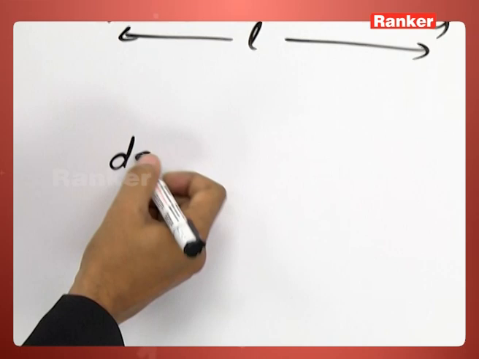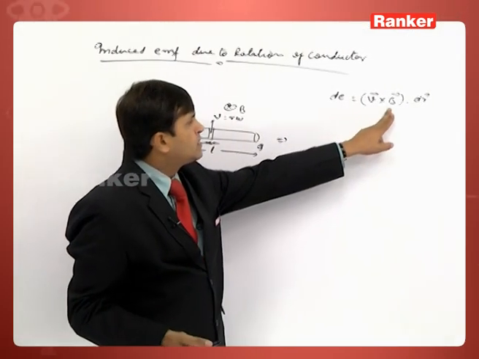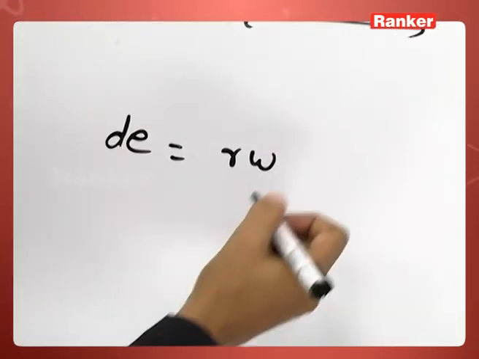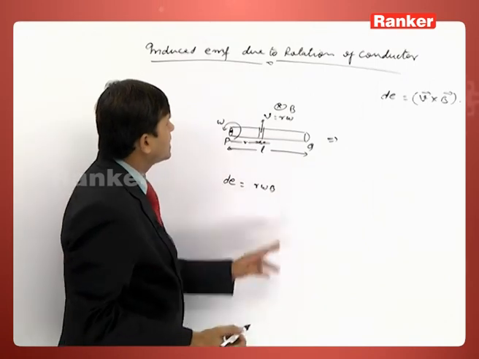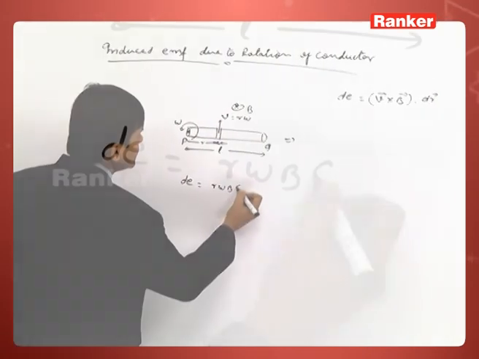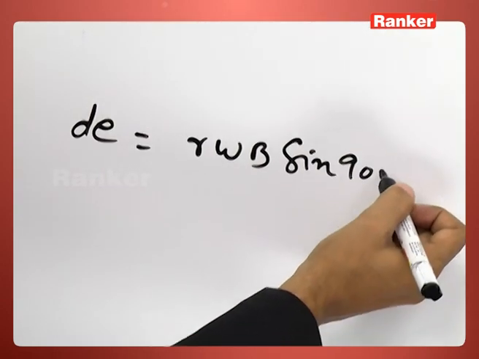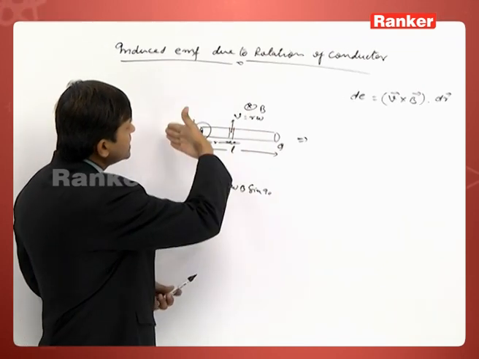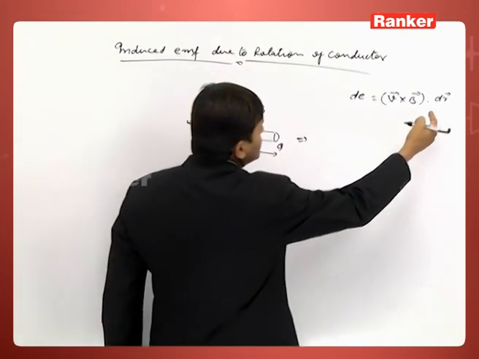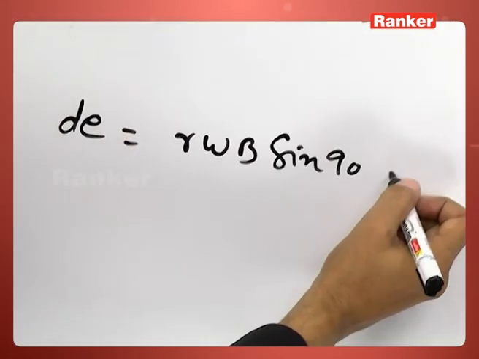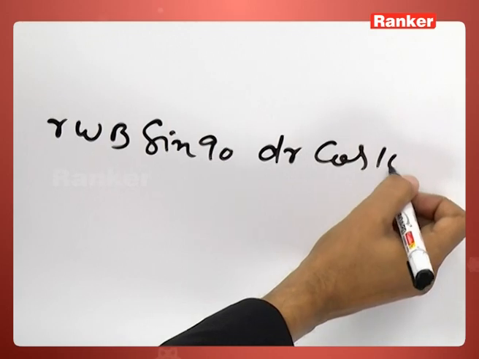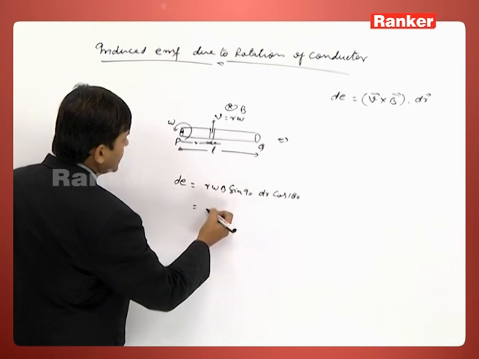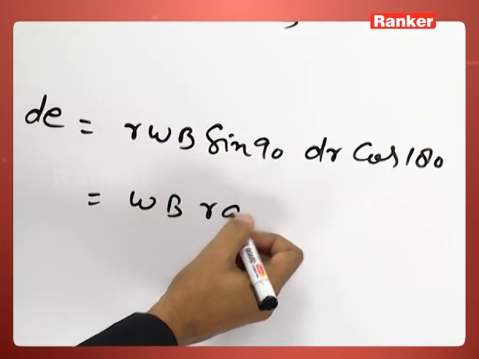So dE is V cross B dot dr, that is VB sin theta, where velocity V is r omega, B is the magnetic field, and the angle between the velocity and magnetic field is 90, so sin 90. dr is in this direction and V cross B is in this direction, so the angle between dr and V cross B is 180. So dr cos 180. This can be written as omega B r dr.